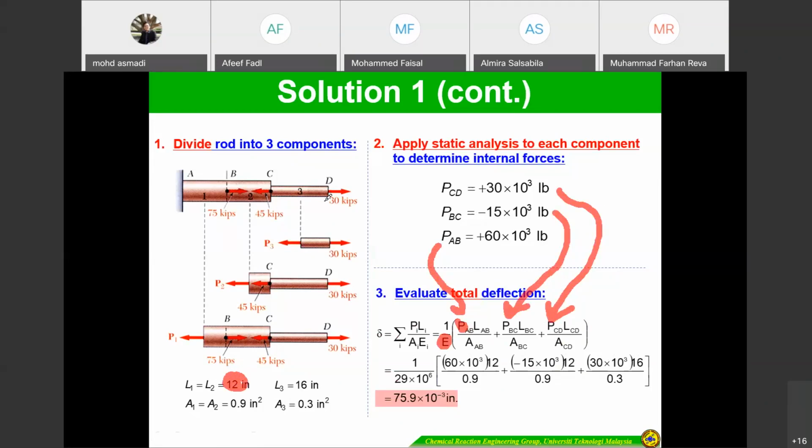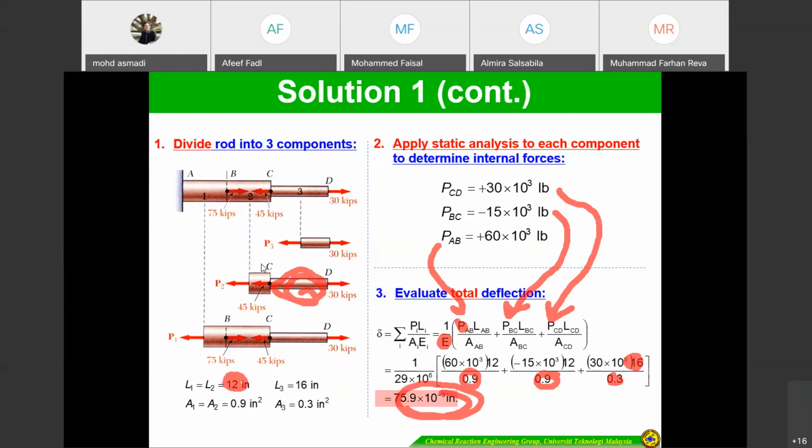LBC is also 12, and CD is 16. And the area, and you can get the total deflection for the rod.